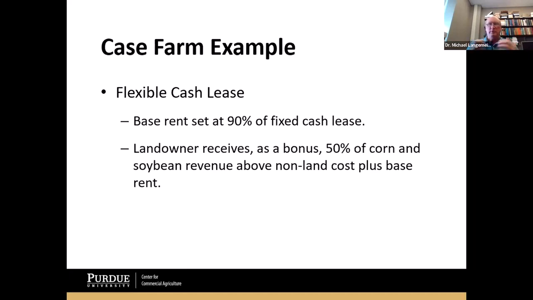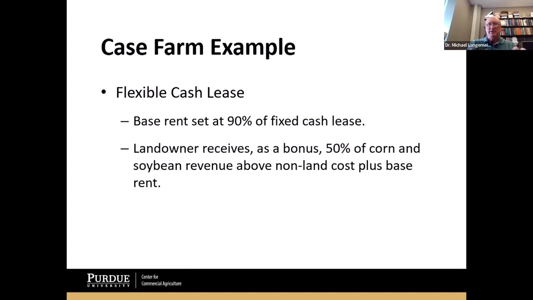I've seen some arrangements where the threshold's not as high and the bonuses are paid more frequently. But quite frankly, if you change this bonus, you have to change that fixed cash lease. If the bonuses are more frequent, you typically have to use a lower base rent. I've done one example, not in these slides, where I have a 75% base rent, but you get bonuses pretty much every year.